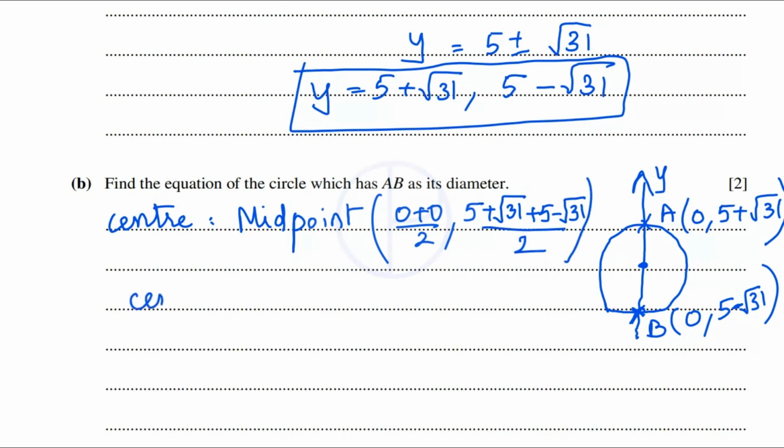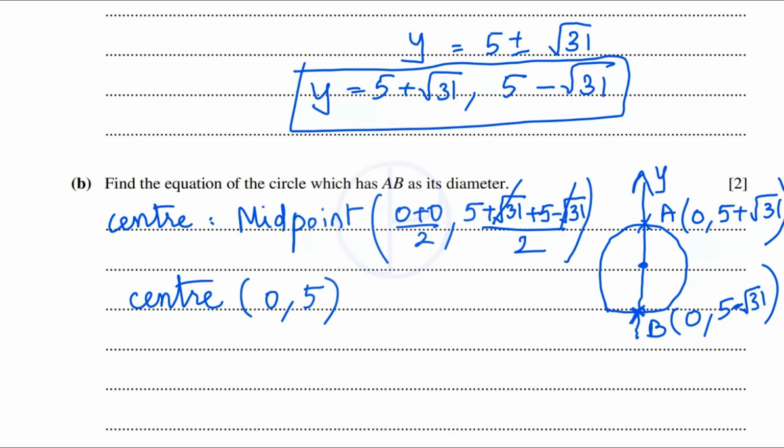So what is the center? Center is 0 comma. The square root of 31 and minus square root of 31 get cancelled. 5 plus 5 is 10. 10 divided by 2 is 5. So 0 comma 5 is the center of the circle.